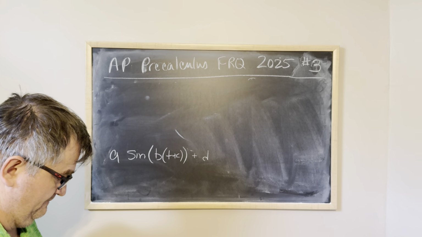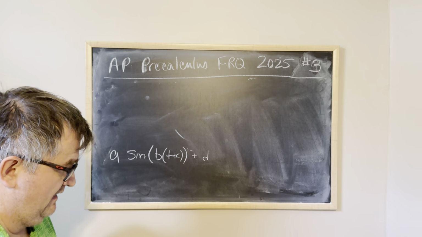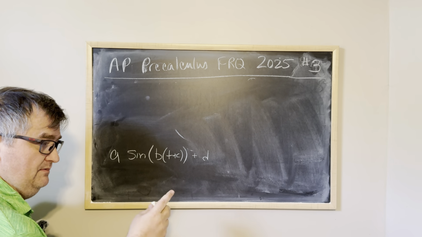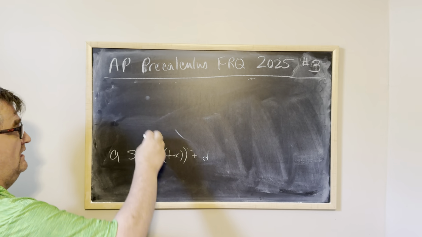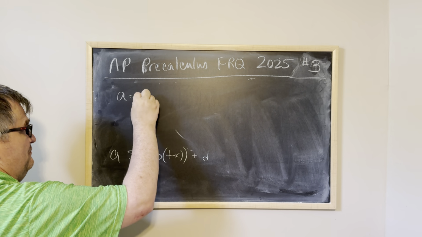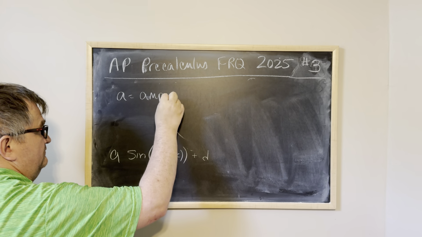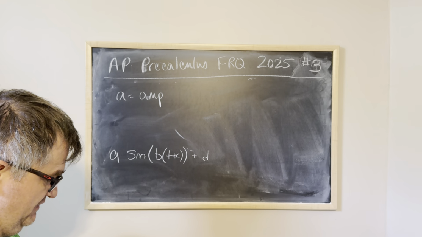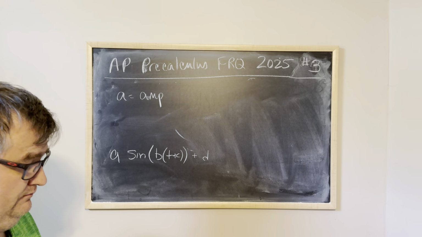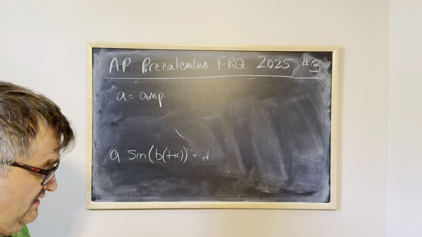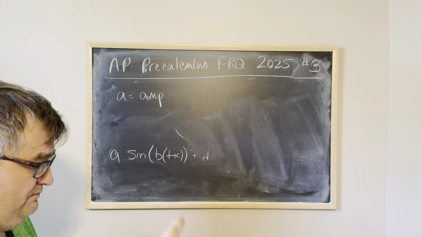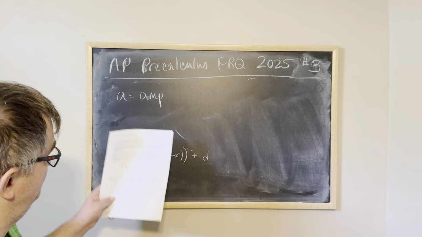Well, we simply need to know which goes where. So we know A is amplitude. Well, we know the amplitude is 2. It tells us this. 2 millimeters up, 2 millimeters down. So we know the amp is 2.